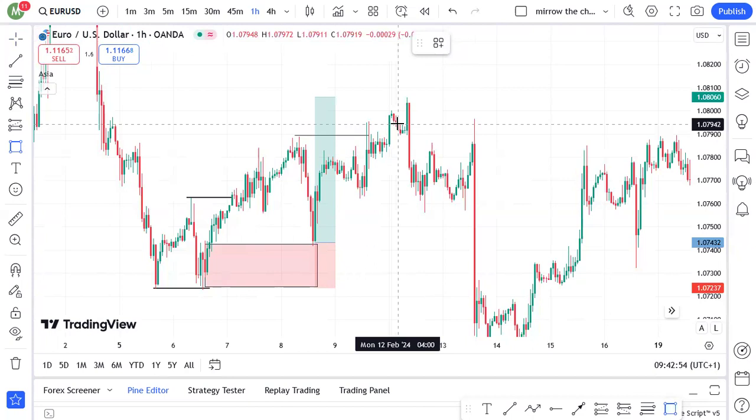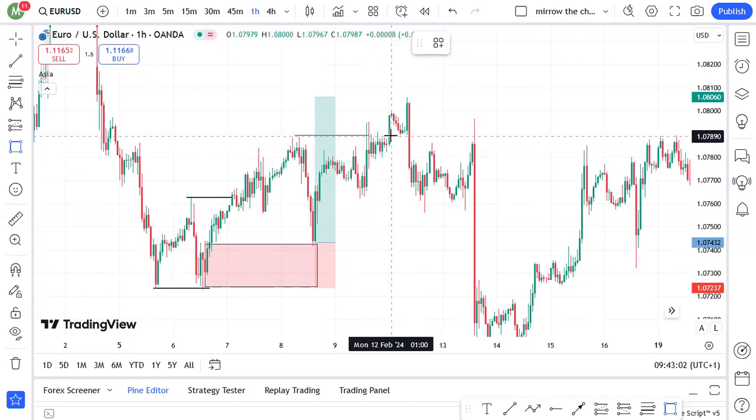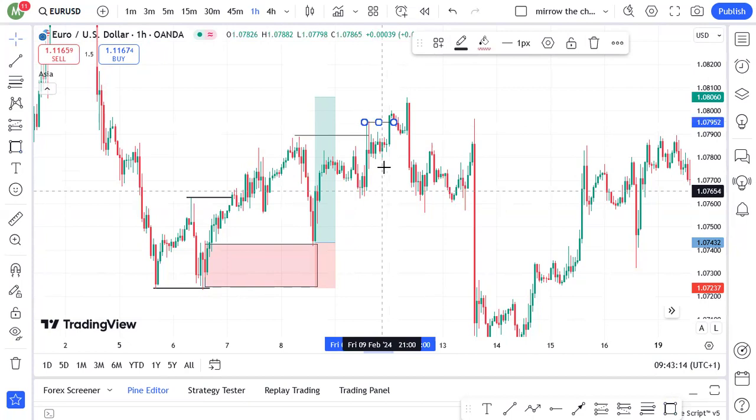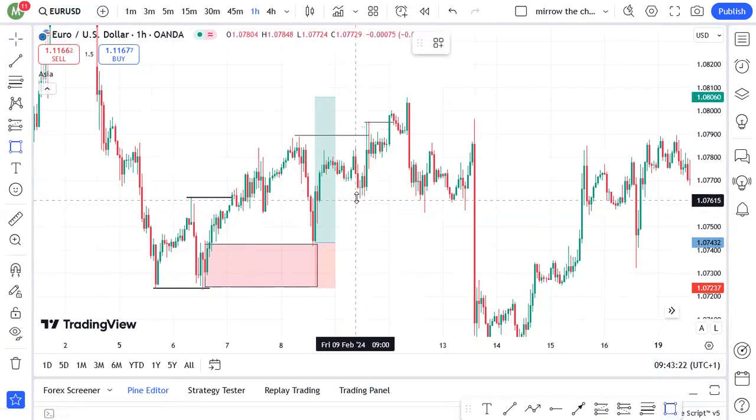Now, what happened? Monday came and grabbed liquidity from Friday high, and broke structure to the downside.